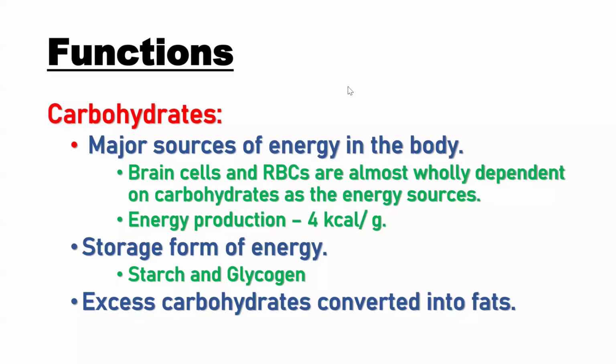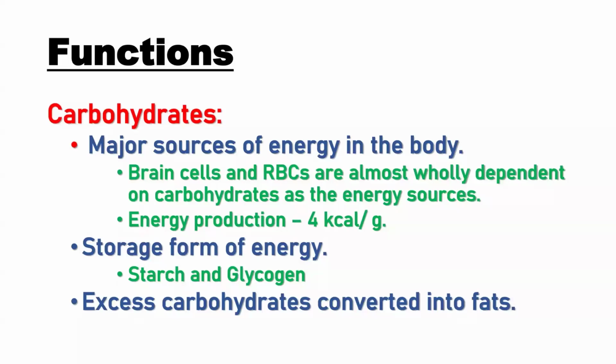Once that happens, whenever you are hungry, because the glucose will be depleted and you already have glycogen stored in the liver, the liver will start mobilizing. It will start releasing a small amount of glucose so that the other parts of the body will use that glucose for energy.